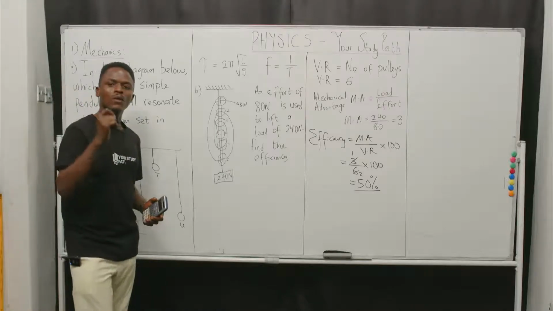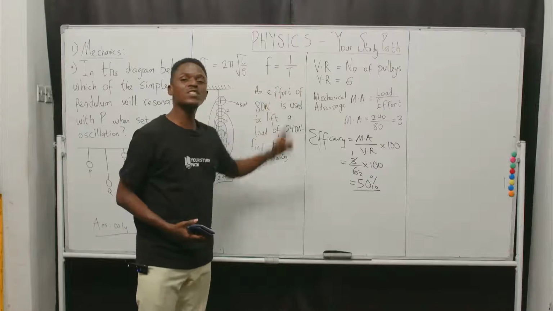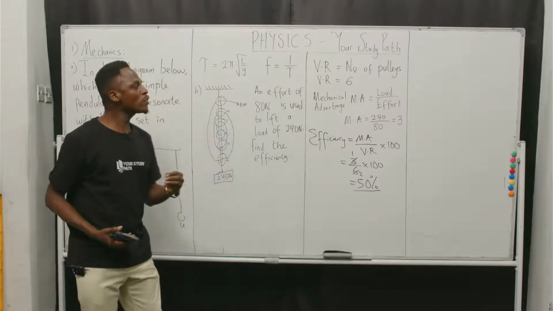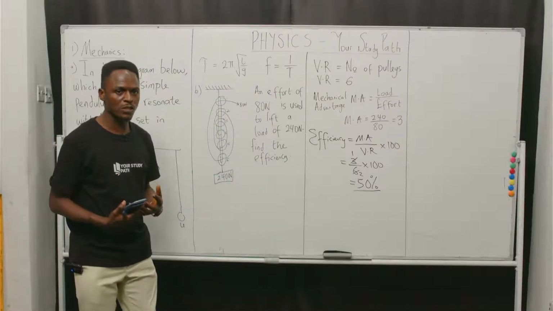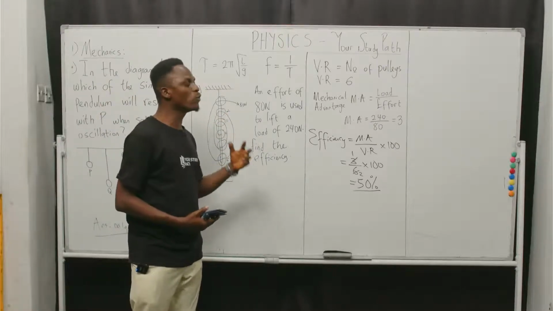But quickly, we won't stop here to identify the fact that velocity ratios are actually different for various machines. Various machines which JAMB will ask you would have their own velocity ratio.